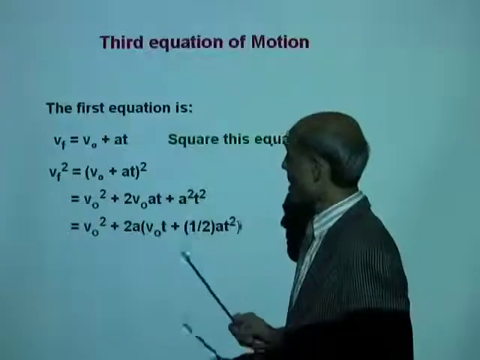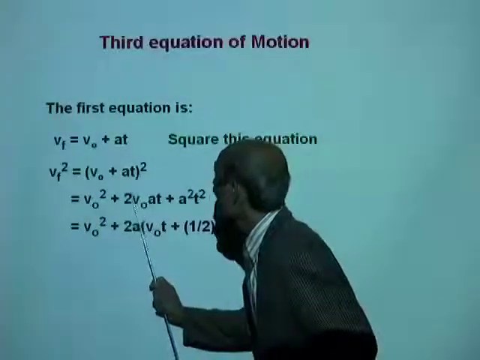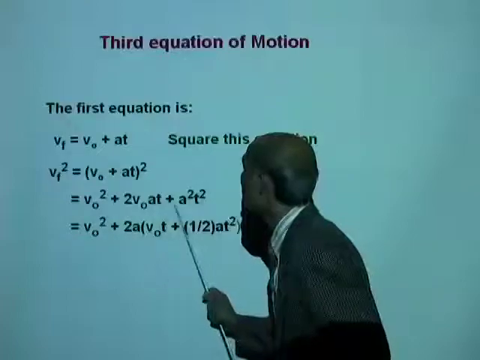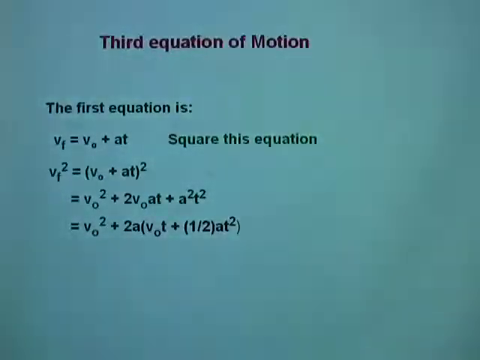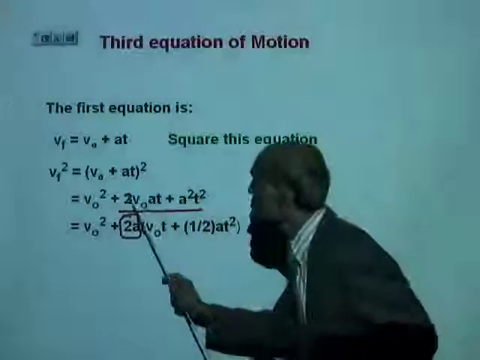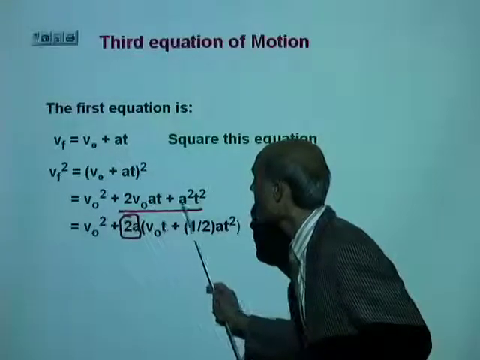Okay, now I'm going to factor out a 2A from these two terms. I think that will be a little difficult for you. Is that right? I don't know. I'm going to take these two terms and factor out a 2A. Now, you notice that there is a 2A here.